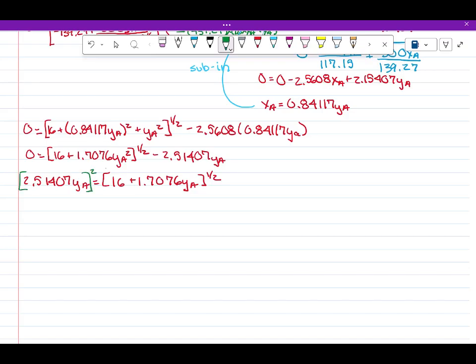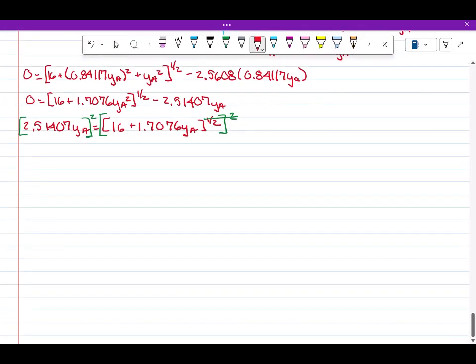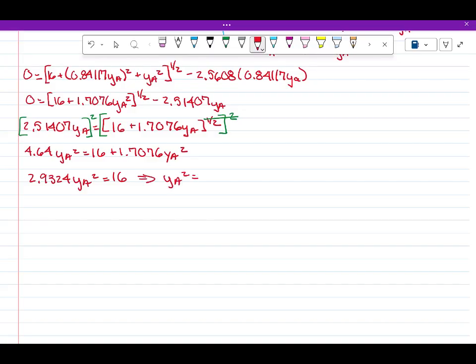Then squaring both sides, I can cancel my square root, and I'm left with 4.64 ya squared equals 16 plus 1.7076 ya squared. You'll notice I left the square off previously. Then, gathering my ya squared on one side, I have 2.9324 ya squared equals 16. Therefore, ya squared equals 5.456.